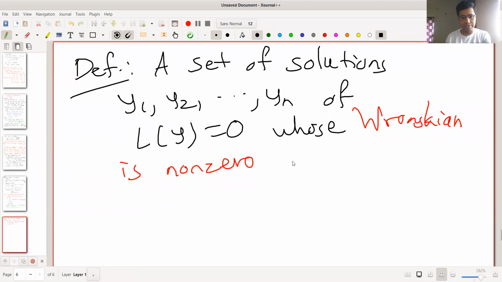The result is that if the Wronskian is non-zero at some point in the interval I, then it will be non-zero everywhere in I. So we are not going to discuss that result.